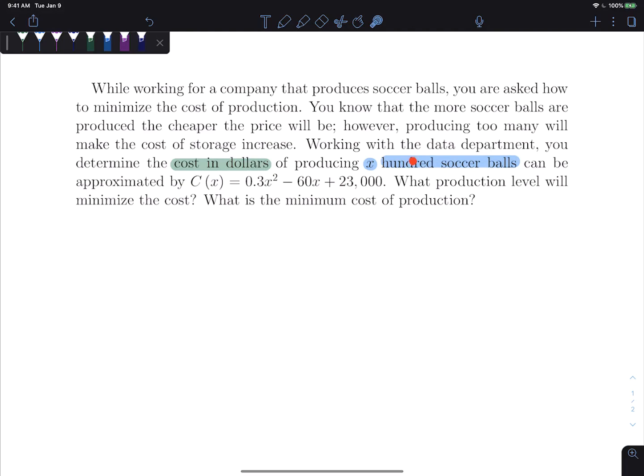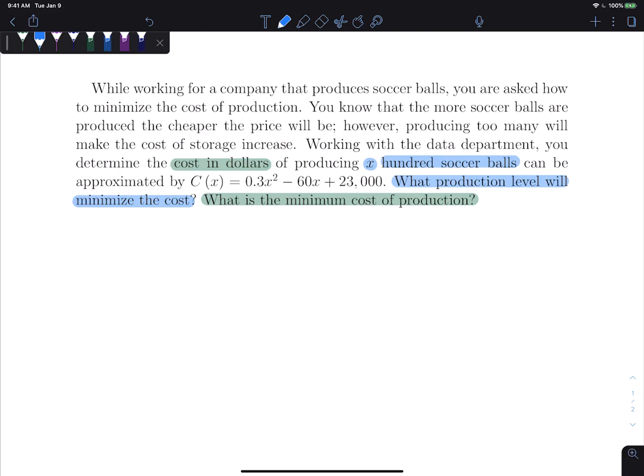Now, this is very important. We're working with hundreds of soccer balls, and we want to know what production level will minimize the cost. That means we want to know what x value will minimize the cost. And the second question is, what is that minimum cost? So we want to know first the x value, and then that minimum value.